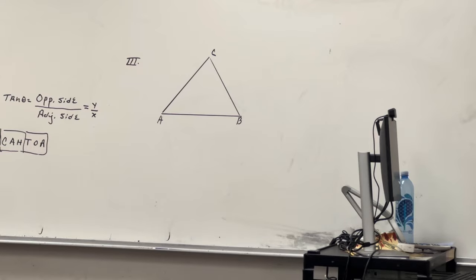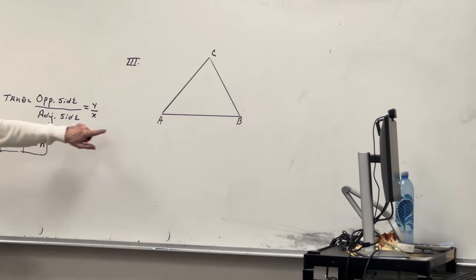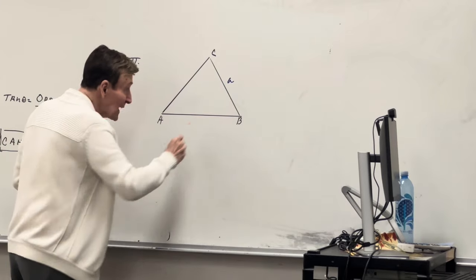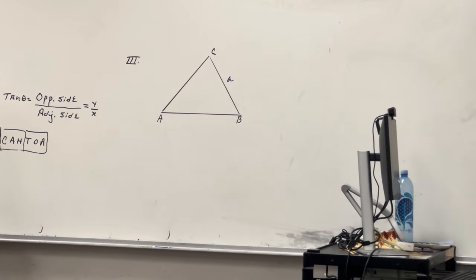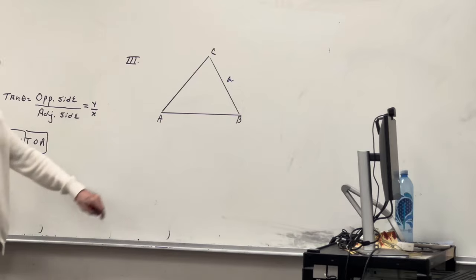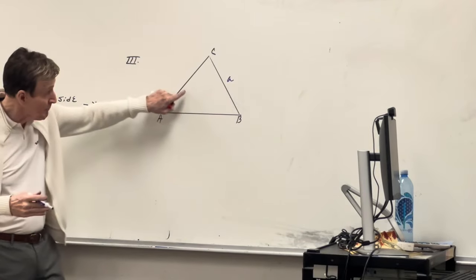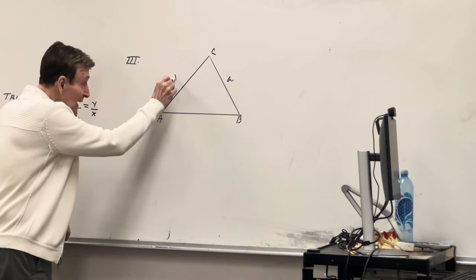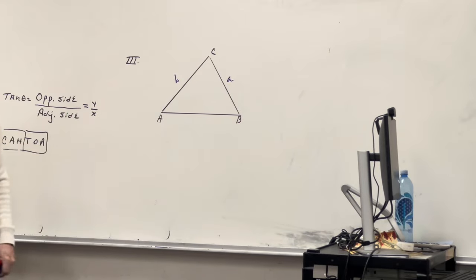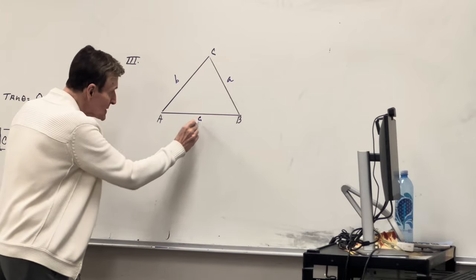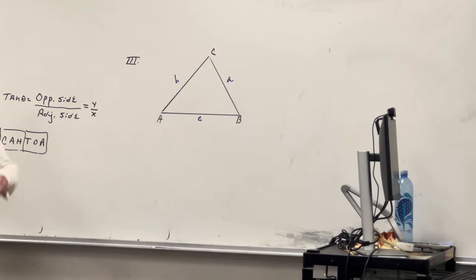If they have angle A here, then the side opposite it is labeled lowercase a, to represent its length. If this is capital B, opposite it is lowercase b. And down here would be lowercase c. So the lowercase letters represent the lengths of the sides opposite those angles.